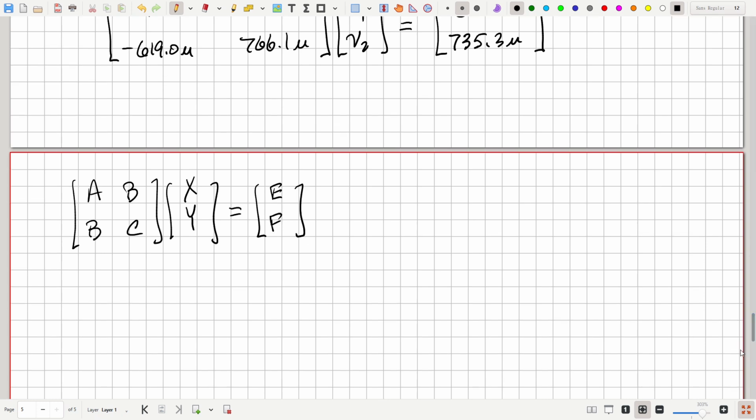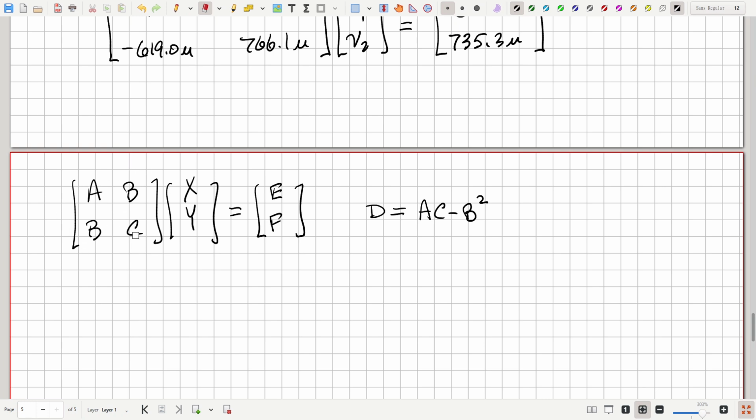All right, and in the notes, we go through and we show that the solution to this is to define D to be equal to AC minus B squared, which turns out to be the determinant of this 2x2 matrix.